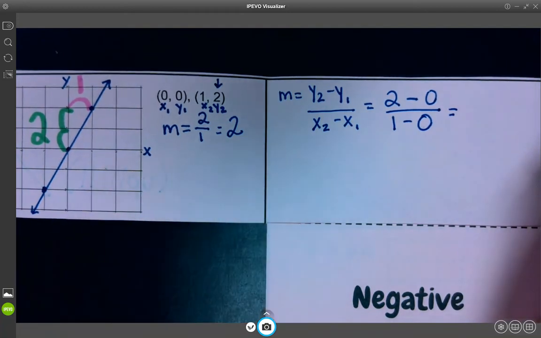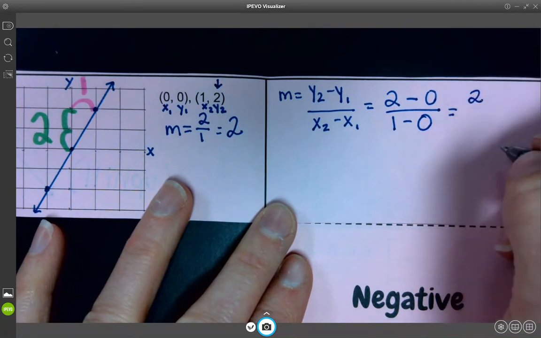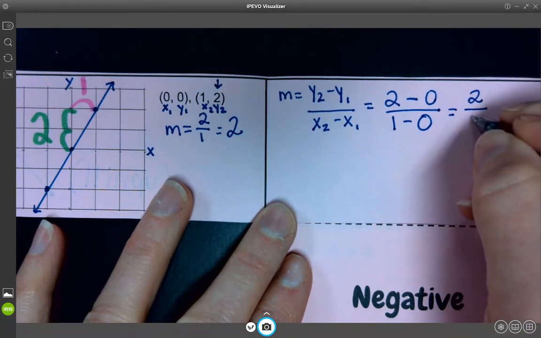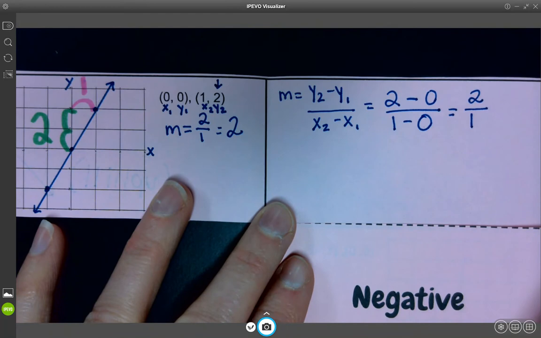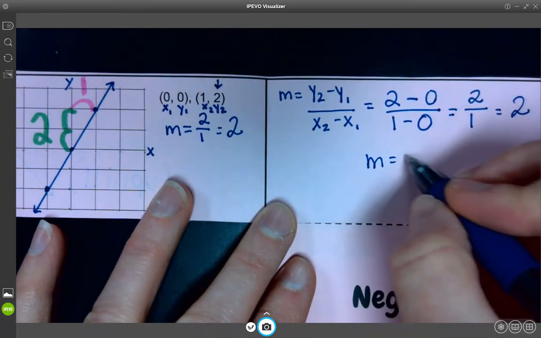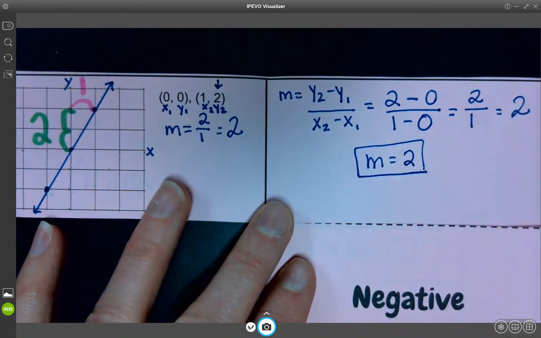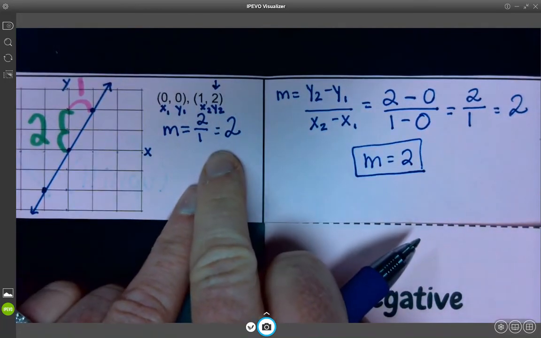So we'd simplify the numerator and the denominator. 2 minus 0 is 2. 1 minus 0, 1, which just equals 2. So m equals 2. Which is the same thing we got when we graphed it.